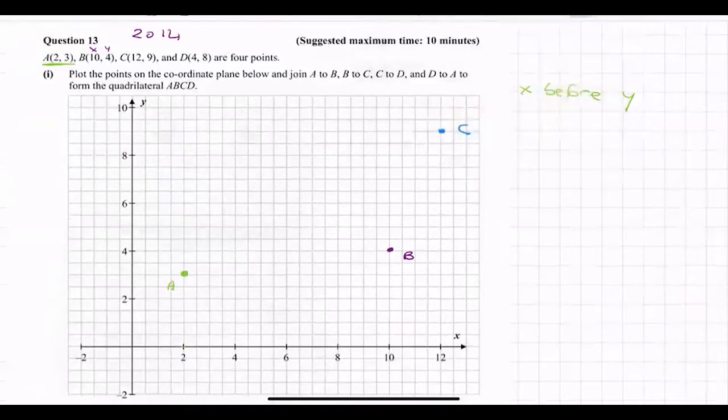One more color. And then D is 4, all the way up to 8.